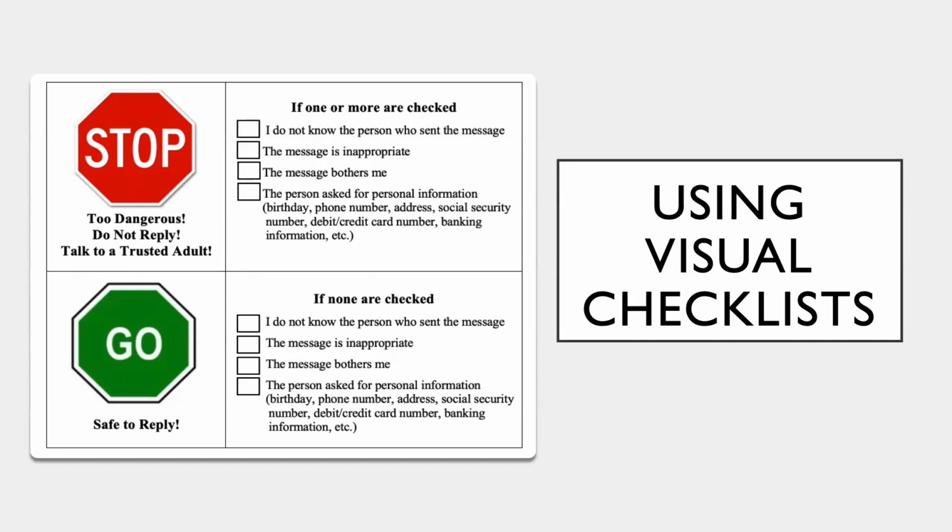So the first one is, I don't know the person. If I check it, I go on. The second one is, the message is inappropriate. The big thing here is you have to talk with each individual and yourself about what's inappropriate. I might decide seeing gory images online is inappropriate to me. I don't like blood and guts.